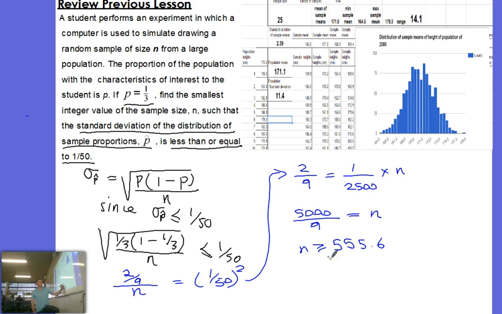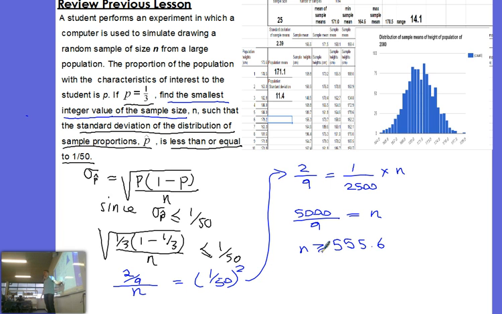Okay, so this is the sample size. So we might be talking about a whole number of things or people. You can't have 0.6 of a person. The goal here is it says find the smallest integer value of the sample size. So it's the smallest whole number, where n has to be greater than this. In this case you have to round up to the next whole person.